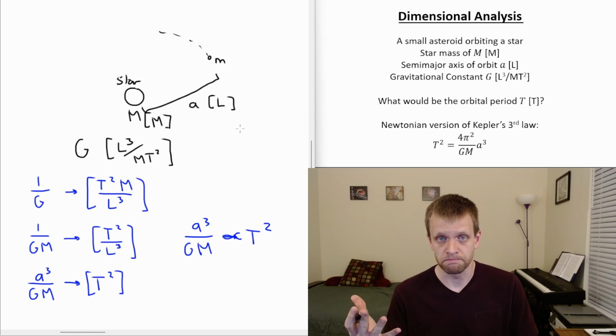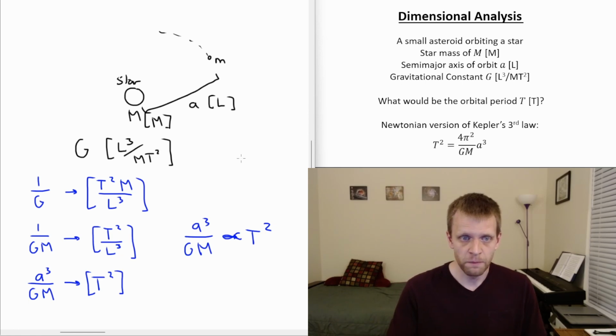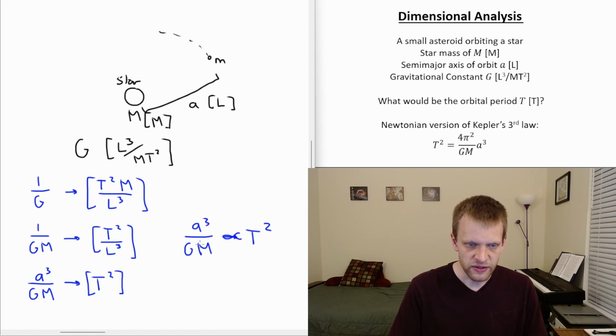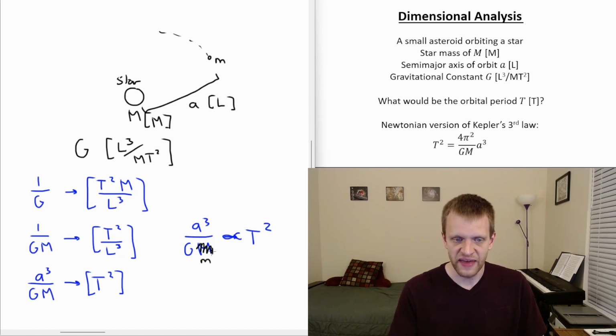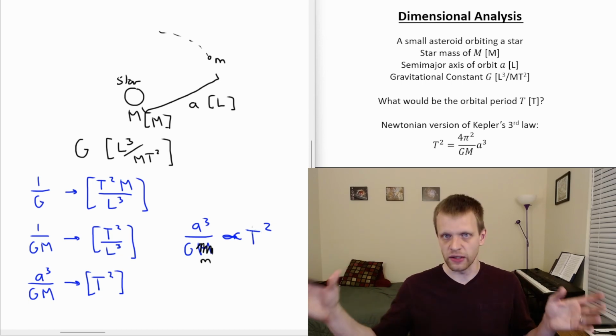And we might need to in going into further analysis on this. But since we're saying that this star is the one that has by far the dominant mass, and this little mass out here would not be dominant, if I switched it out for the mass of the little object, if this mass is getting small enough, we're saying it's a very, very small object, this time scale would get ridiculously large.